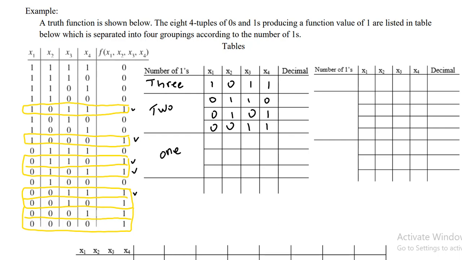I have 1 0 0 0 here, and then I have 0 0 1 0, and then we have 0 0 0 1, and the last one has no ones at all, which is this last one. So right here I copy down all the ones, but I group them by how many ones they have. I don't have 4 ones, but if I had, I would start with 4, 3, 2, 1, and none.